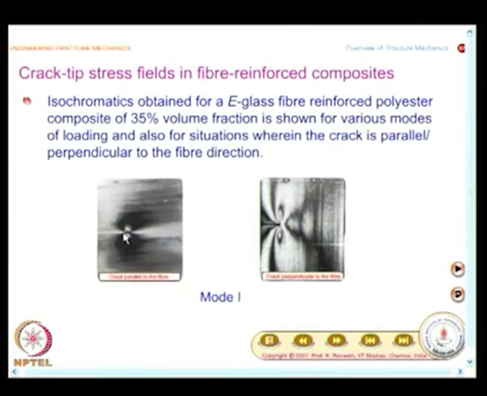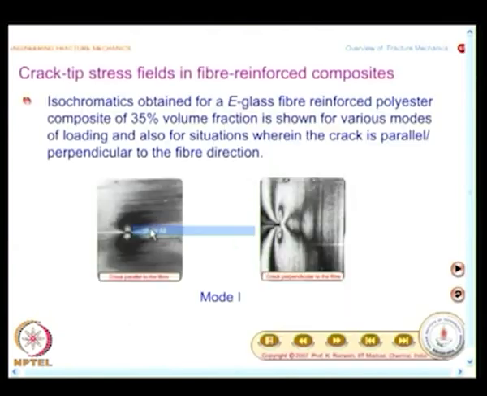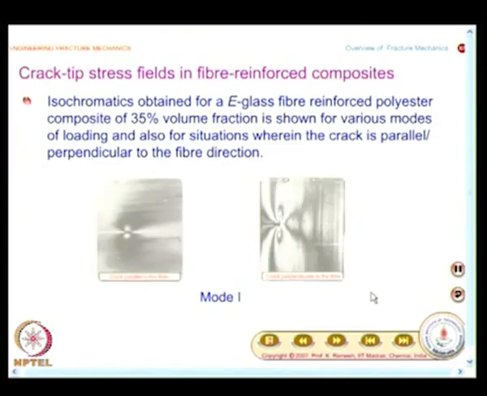And you could also see how it looks when the crack is parallel to the fiber. The fringe patterns are like this, and these were obtained for the first time in the literature for composites. You do not find these kinds of fringe patterns other than our results for a 35% volume fraction.